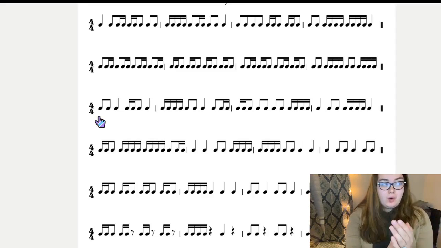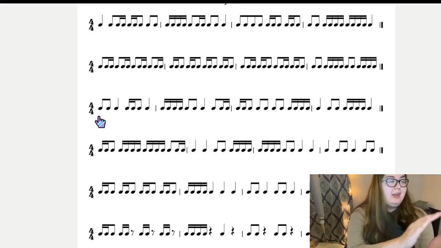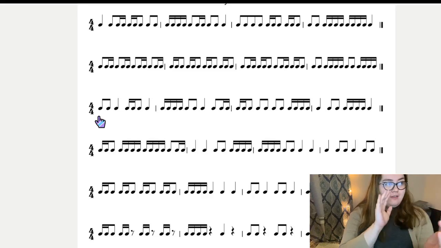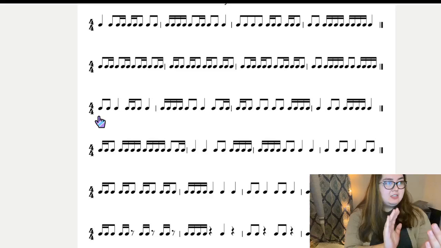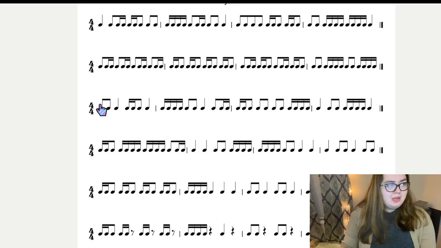Go. 1 and 2, 3 E and 4. 1 E and a 2 and 3, 4, and a. 1 and 2, 3 E and 4, 1 E and a 2 and 3, 4, and a. So all I did was play these 2 measures, just so you weren't confused, and I played them twice. I didn't go on.